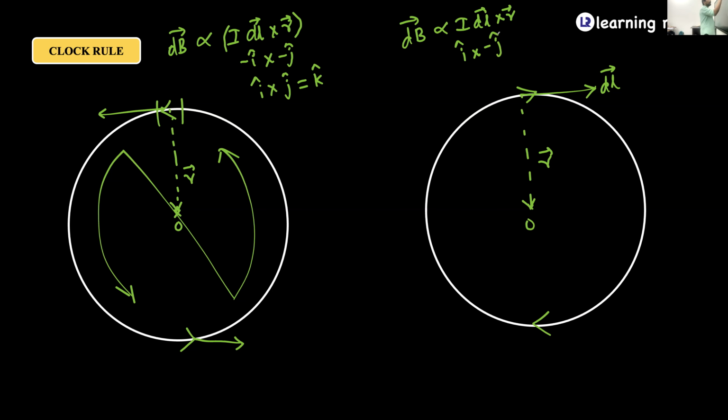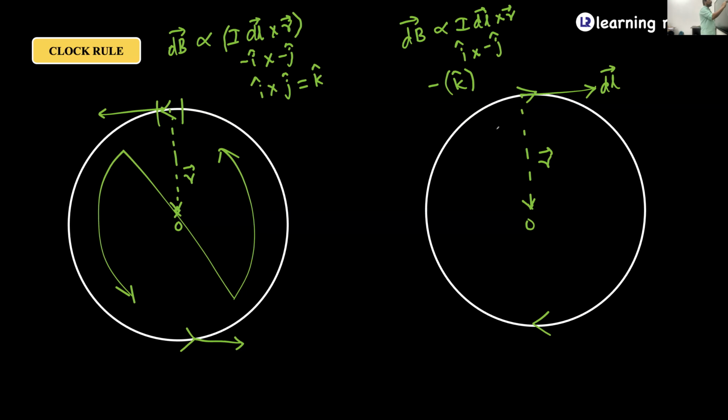It is minus j cap. If you take the minus sign outside, i cross j is still k. So it is going to be minus k cap, meaning at the center, the magnetic field is going to be into the plane. Into the plane means it is receiving the magnetic field lines. Which pole has a tendency to receive magnetic field lines? It is the south pole.